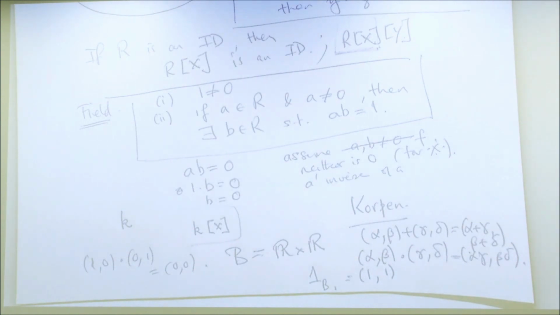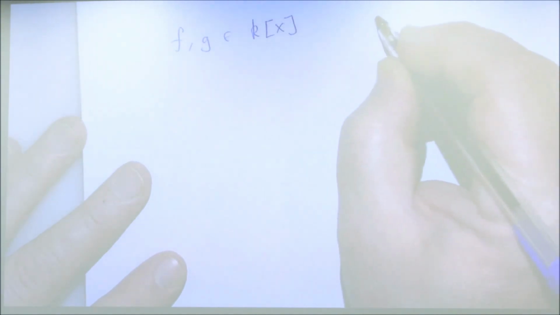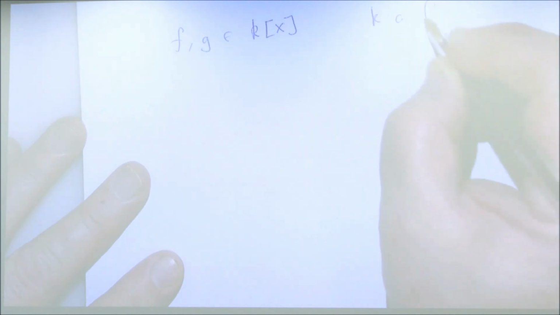Could you give us an outline of Bezout's theorem for polynomial rings? Well, it's the same. So, K is a field.